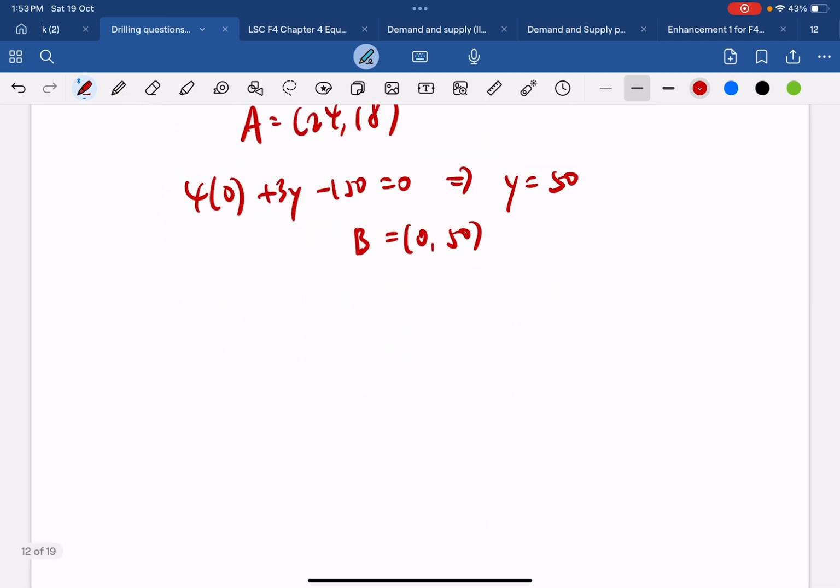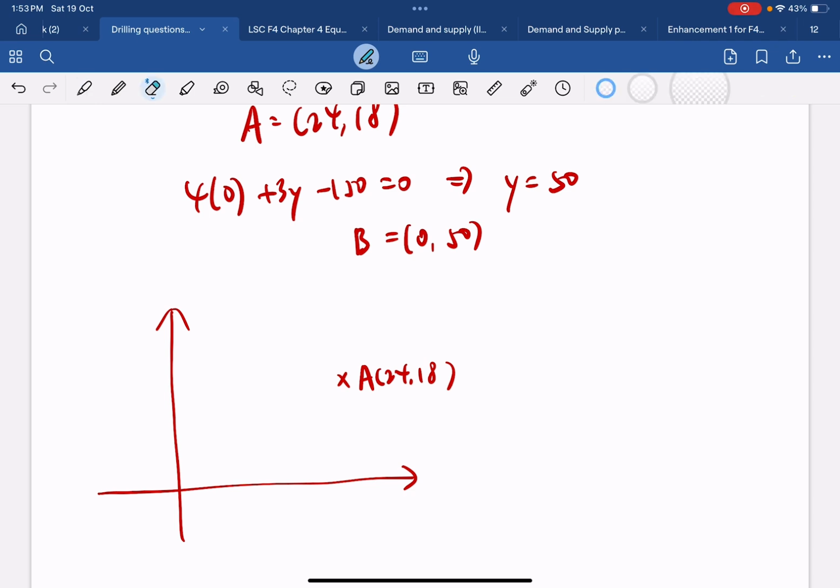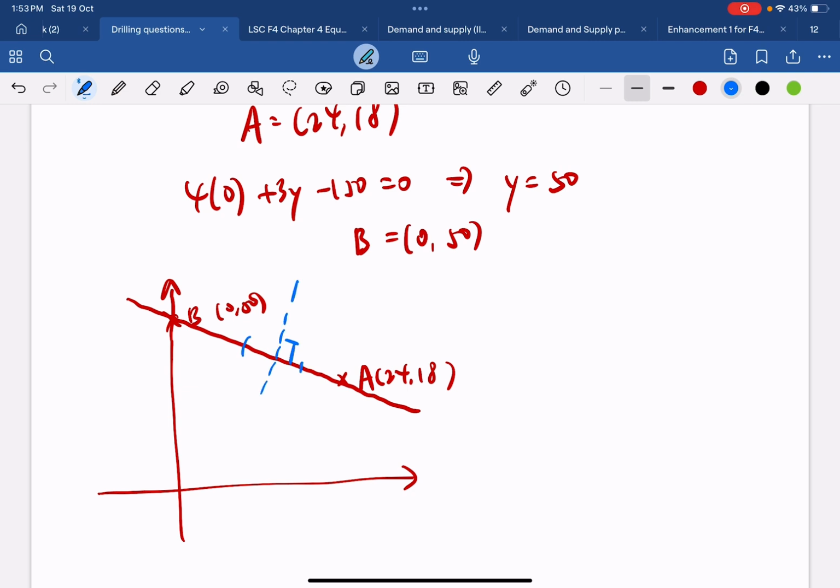Okay, so let's try to draw the diagram. (24, 18) maybe somewhere here, and then B, (0, 50), maybe here. We want to find the perpendicular bisector of AB, which is the blue line.